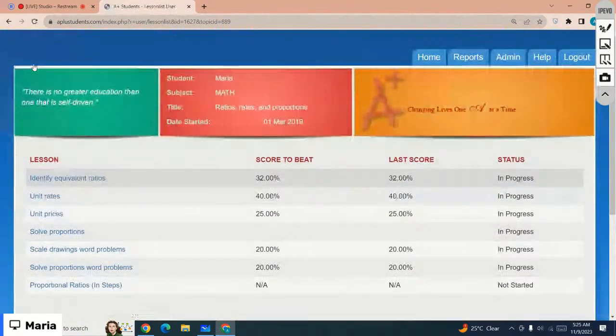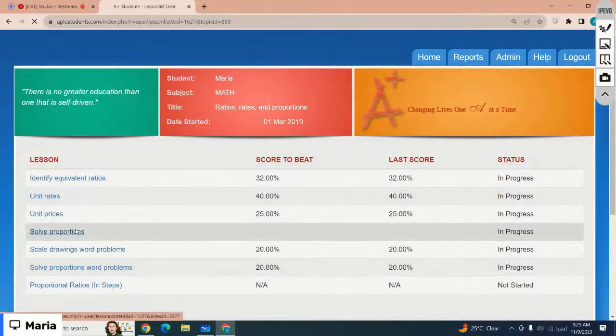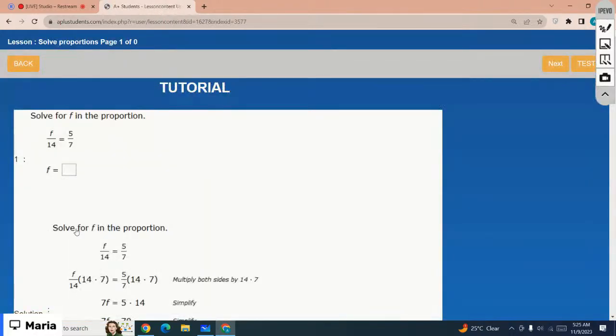And the next lesson is solve proportions. So let's just start with the lesson that is solve proportions. Okay, so you are given a proportion, you have to solve for f, right?